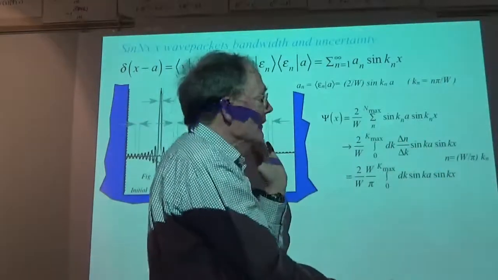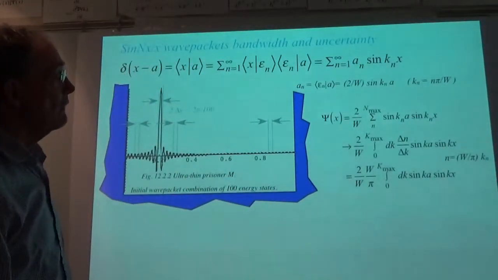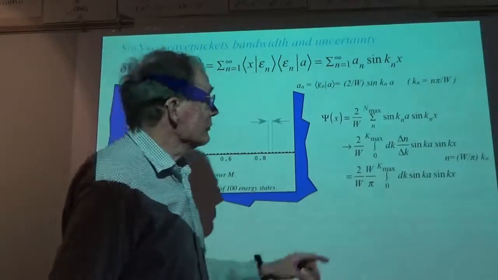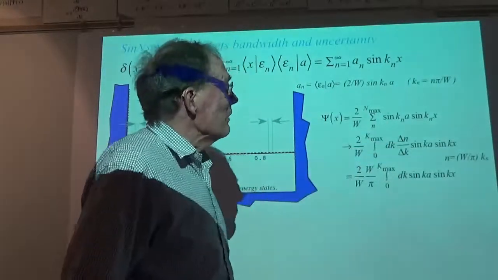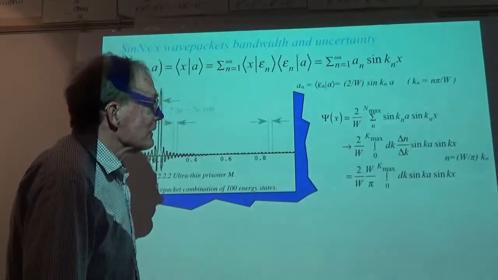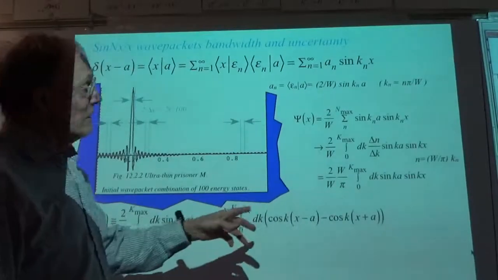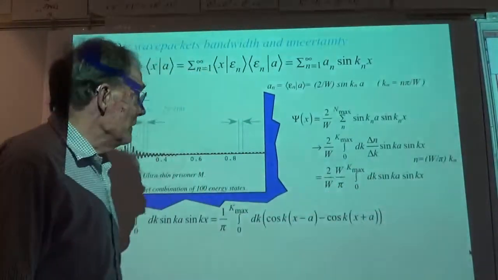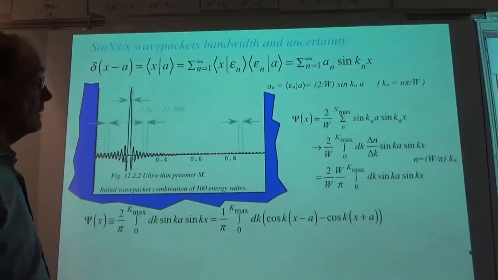Delta k is 1, that's the quantum interval of the summation. Then I just rewrite that delta k as a dk and pretend I'm playing calculus here. So I get an expression that involves an integral, an elementary integral of sines that I can do to get a quick calculation.